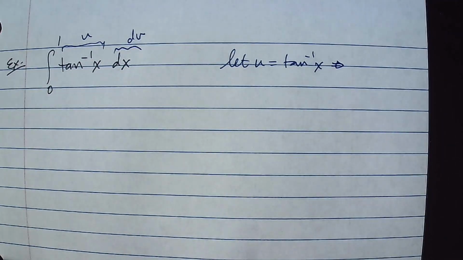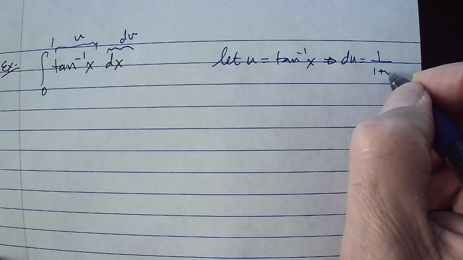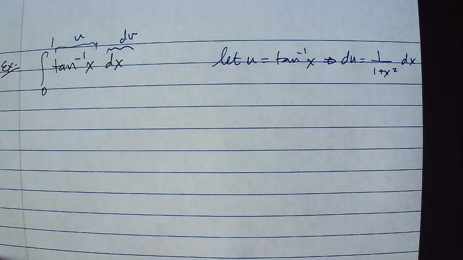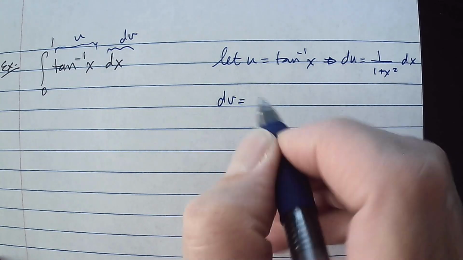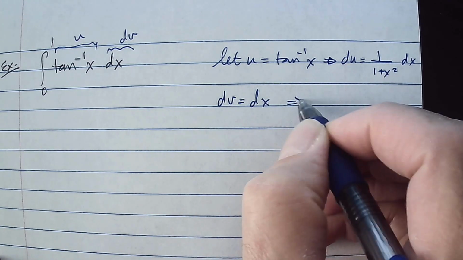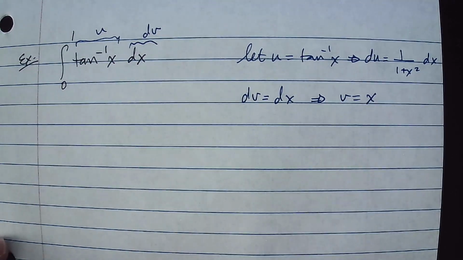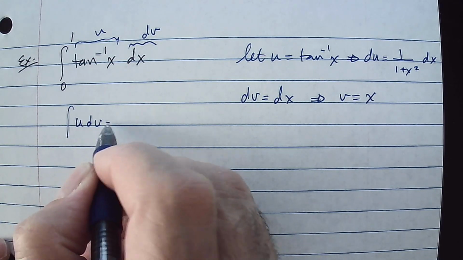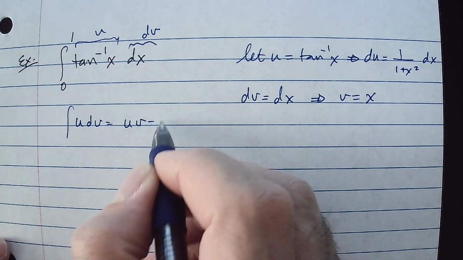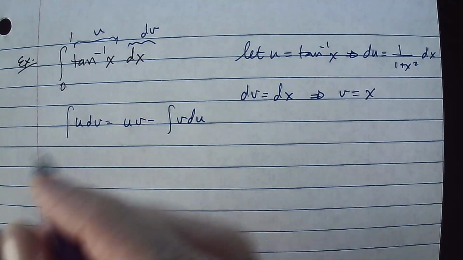The derivative of the tan inverse is, I have du equals 1 over 1 plus x squared dx, and therefore dv is dx, and from here v equals x. Put this back in the formula. The integral u dv equals uv minus the integral v du, and see what we get.